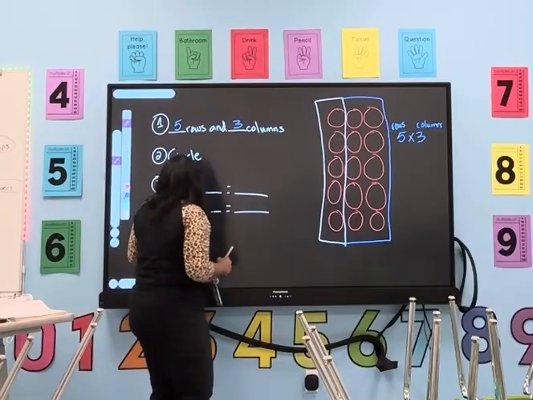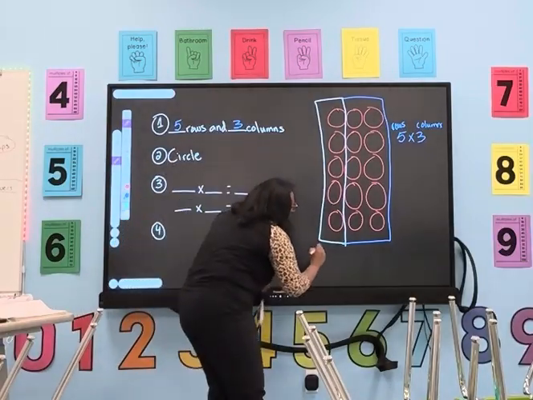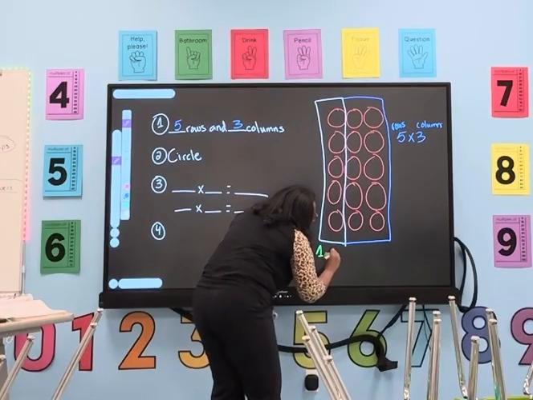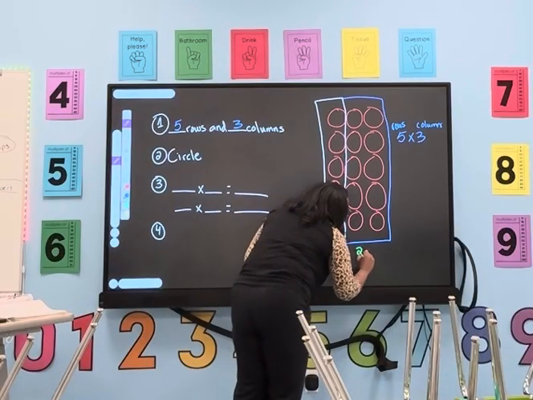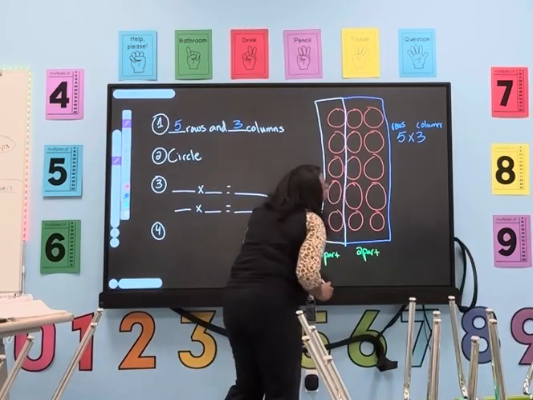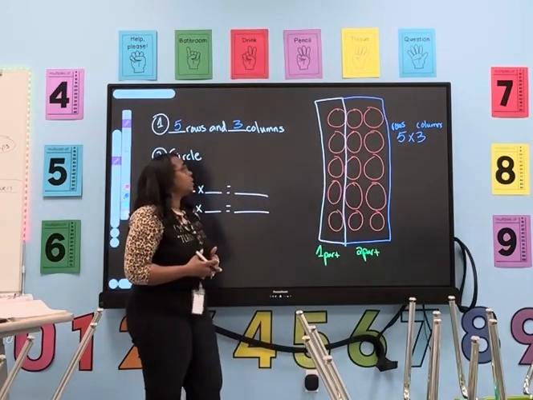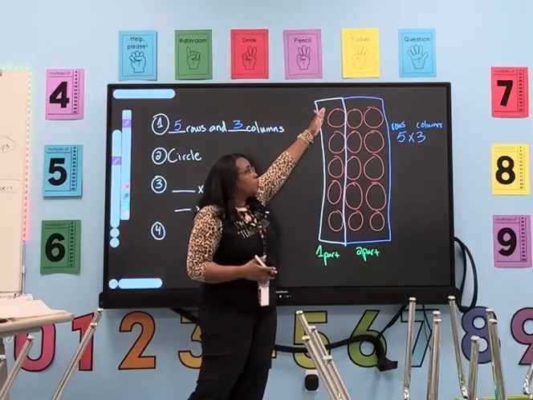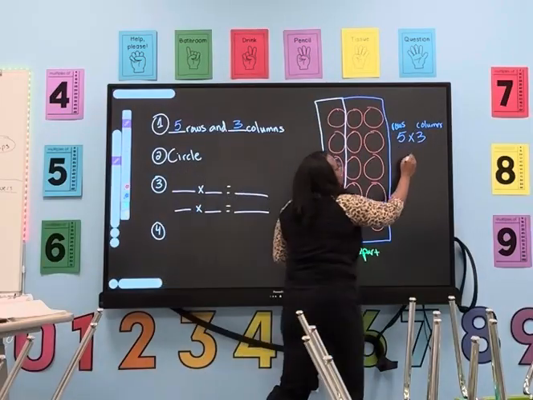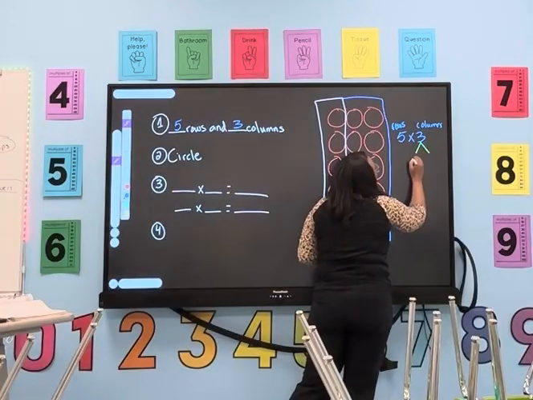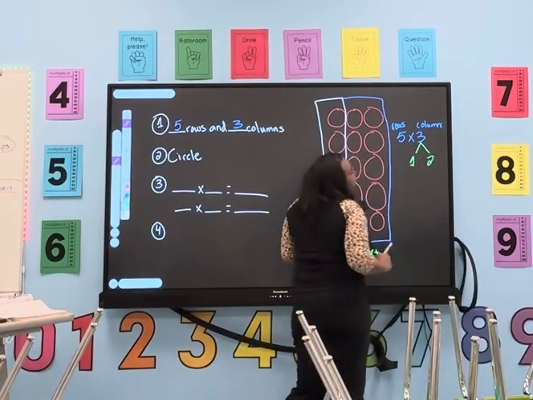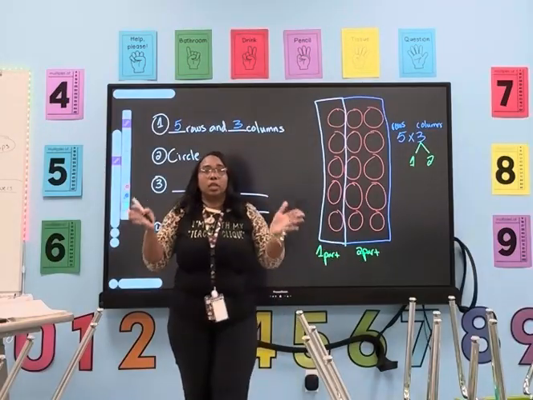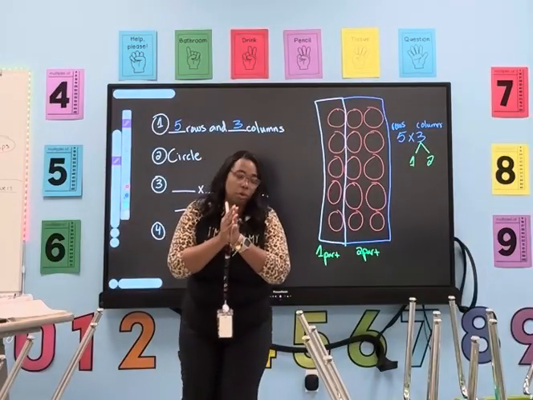I'll write at the bottom, again, this is 1 part, and this is 2 parts. And again, the reason why we broke it up like this is because we are breaking 3 up into 1 and 2. If I add 1 plus 2, it'll give me back my 3. That's why we broke it up that way.